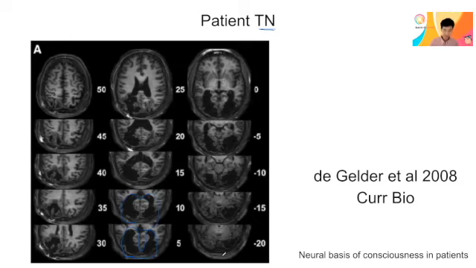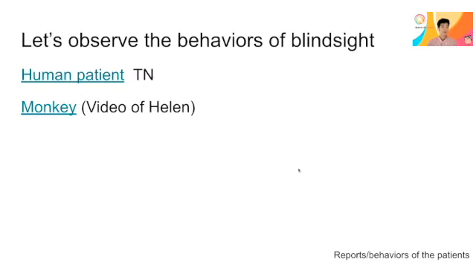This is described in a paper in 2008 in Current Biology, and this patient is also a blindsight patient. So without explaining much, let's observe what the behaviors of these patients are like, or in the case of the monkey whose brain is damaged in a particular way.